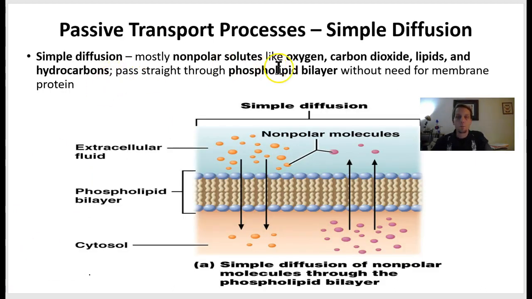So passive transport process, simple diffusion. These are typically done by molecules that are nonpolar. Why? Right, if they're nonpolar, they're hydrophobic. And what is the plasma membrane made of? A phospholipid bilayer, which is hydrophobic.